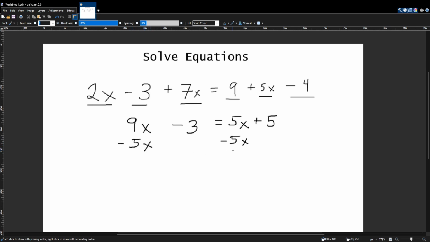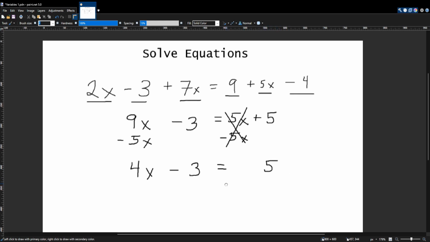I can add, subtract, multiply, and divide by variables just like I can with constants. And so if I subtract 5x, 5x minus 5x is 0, so we cancel those out, and 9x minus 5x is 4x. Now we're still subtracting 3 from this side, and we have 5 over here on the other side.